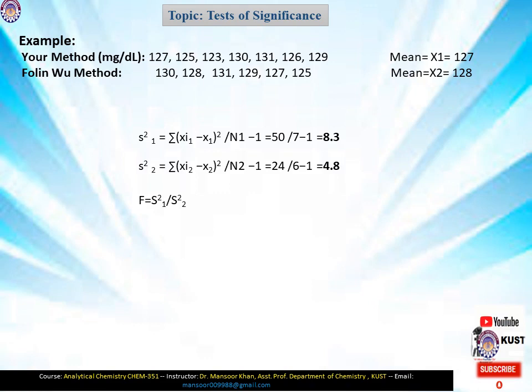Now the question is how your method compares with the Folin-Wu method, and whether by the F-test your method is significant or non-significant.